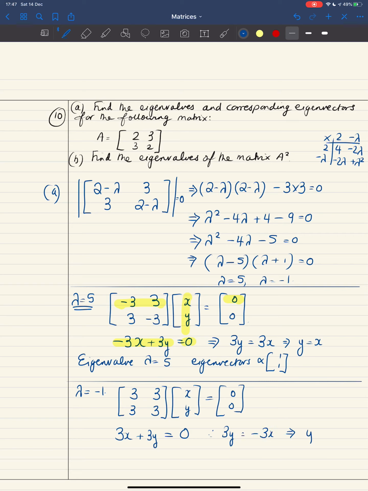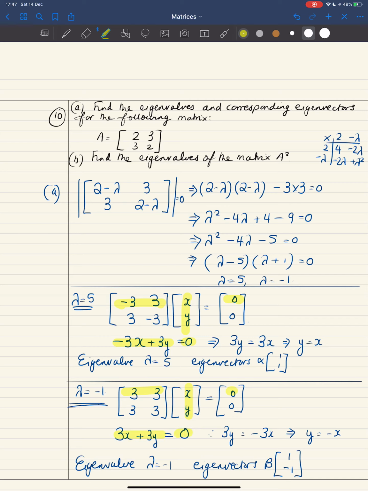So this means that y is minus x. So our eigenvalue lambda is -1 has eigenvectors, y is minus the x. Okay, that's our answers there.